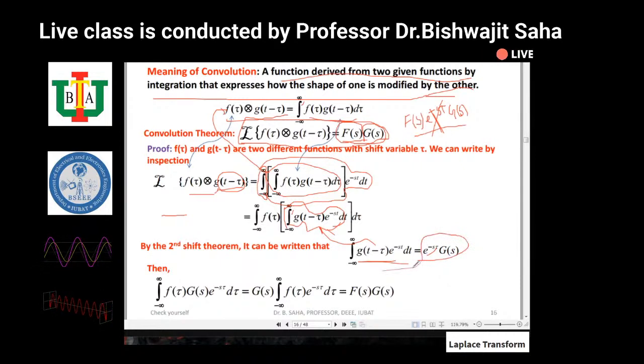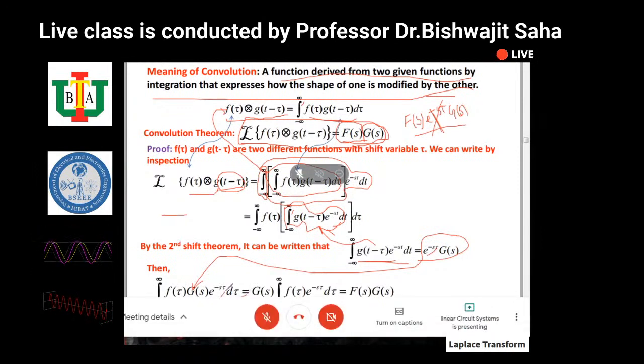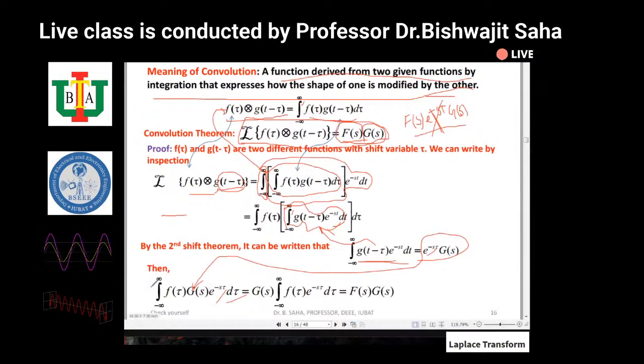Now we put it again in the equation: f of tau G of s e to the power minus s tau d tau. Now G of s can be taken out of the integration. So we have this form: minus infinity to infinity f of tau e to the power minus s tau d tau.